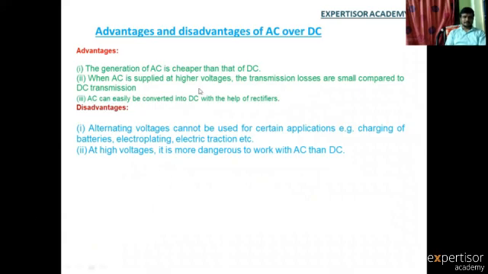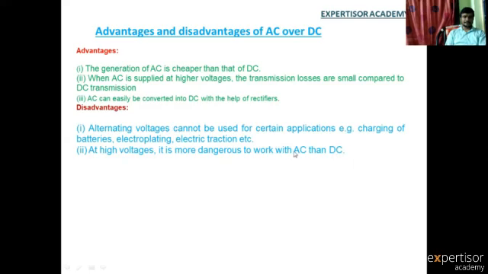Next, disadvantages. Alternating voltages cannot be used for certain applications, for example charging of batteries, electroplating, and electric traction. Next, at high voltages, it is more dangerous to work with AC than DC.